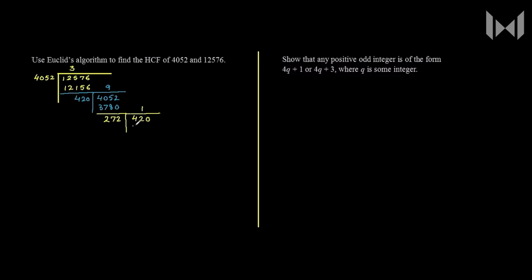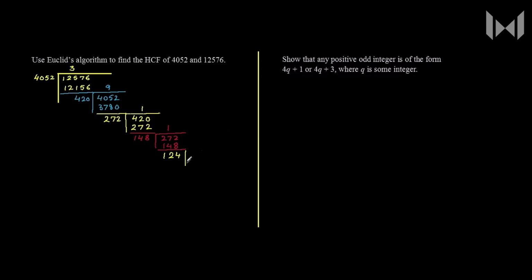Now once again we divide the previous divisor 420 by 272. So it goes one time, we are left with 272, and then the remainder is 148. Now once again the previous divisor 272 divided by 148, so it goes one time. Now we are left with 124.